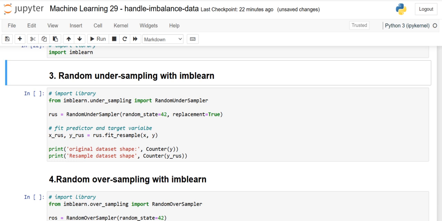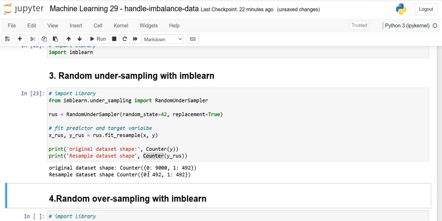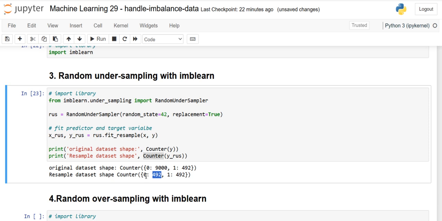It undersamples the majority classes by randomly picking samples with or without replacement. So here we specify the replacement; kindly observe whether with or without replacement. Here replacement is specified as True, and observe the original data with the counter. Once after resampling, what you receive is 492 in the 0th class and 492 in class 1.